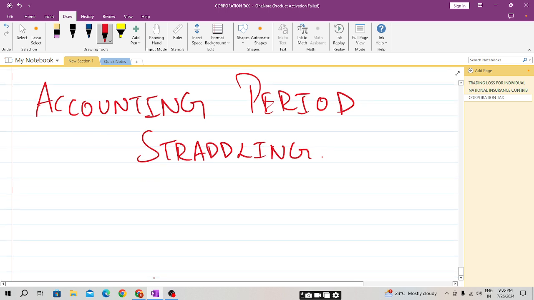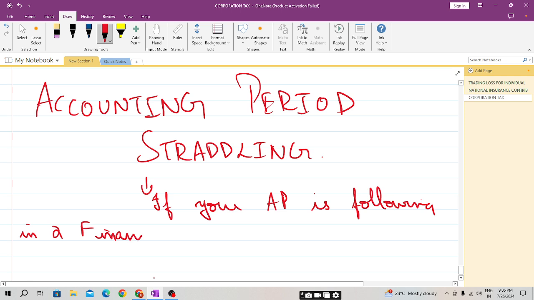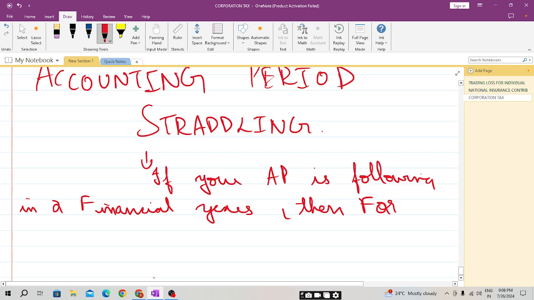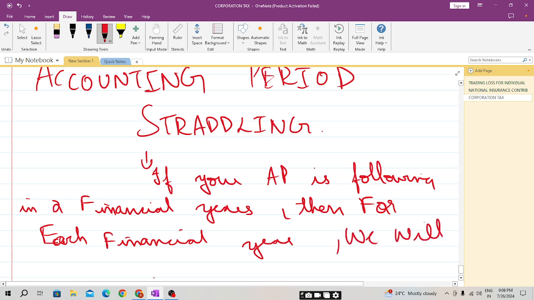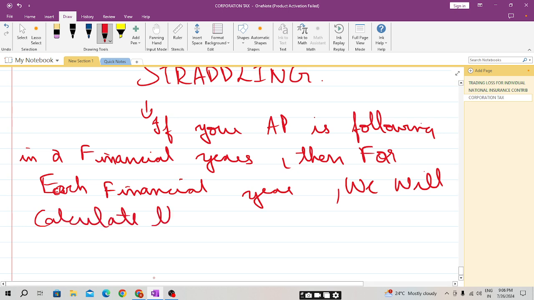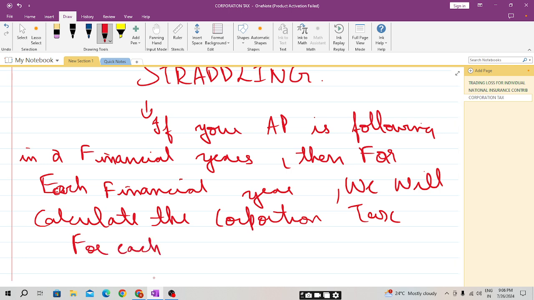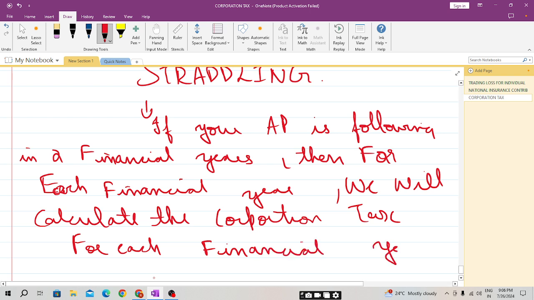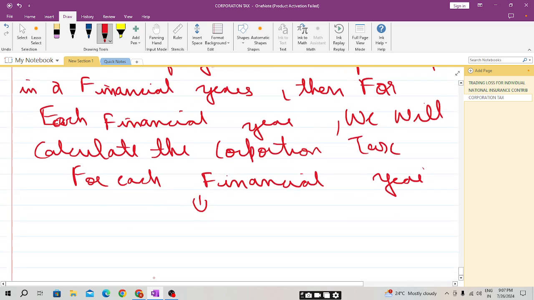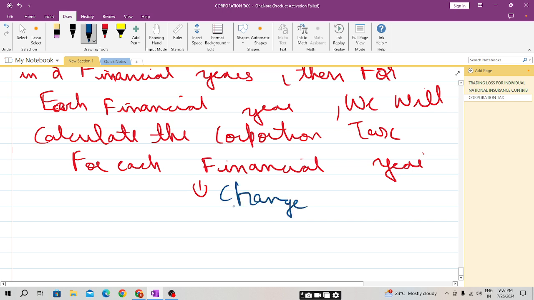So students, here this means that if our accounting period is falling in two financial years, then for each financial year we will calculate the corporation tax separately, because students, there is a change in two things.